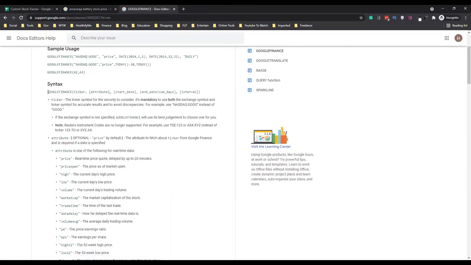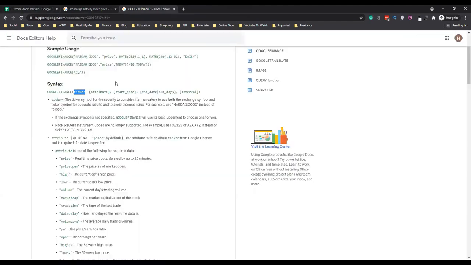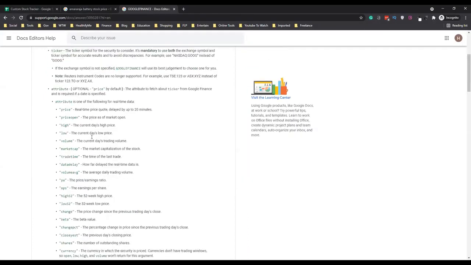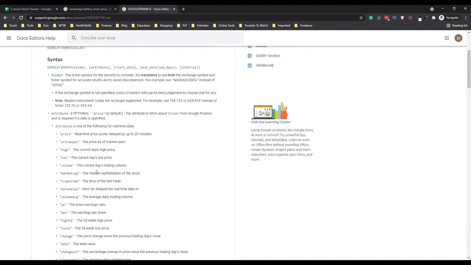This is the formula, GOOGLEFINANCE, and the ticker is the code of the stock, right? So whatever code we have used over here, we have to pass in the first parameter of this function. Then the second is the attribute. Attributes are price, open, high, low, volume, market cap, P/E ratio, EPS, change percent, right? For now we are just going to use these two parameters: the first is the code and the second is the attribute.